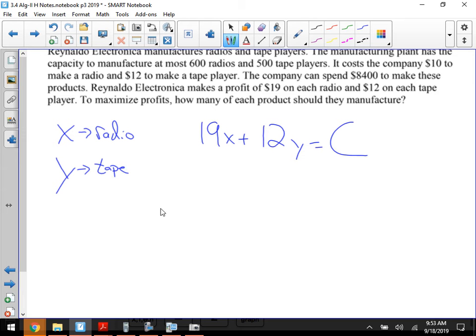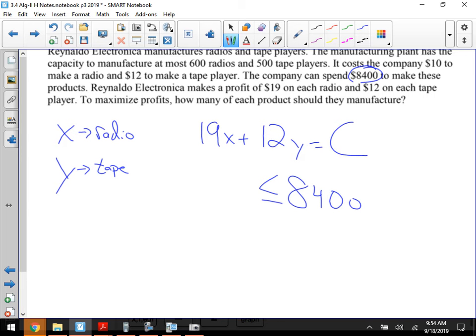All right. Constraints. The first thing that I always like to go to is if they talk about something with money. In this case, one of the money things they're saying is how much money they can spend on their manufacturing costs. The most they can spend is $8,400, so they can spend up to and including the $8,400.